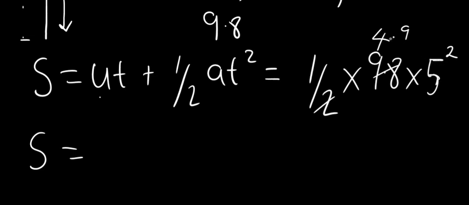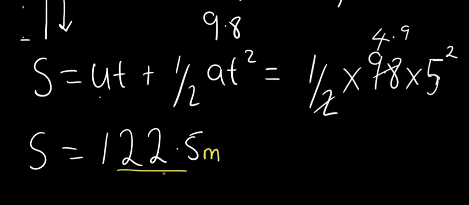So 25 multiplied by this is going to give us 122.5. And that is height, which is in meters. So that will be the final answer. Alright, so with that we come to an end of the class.